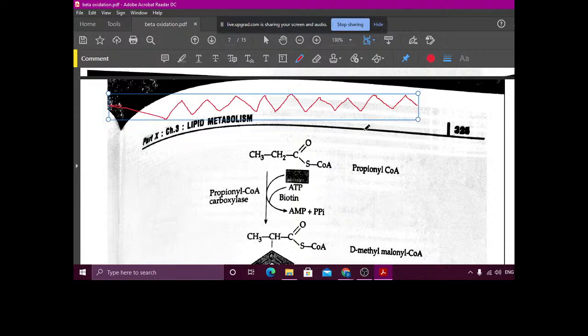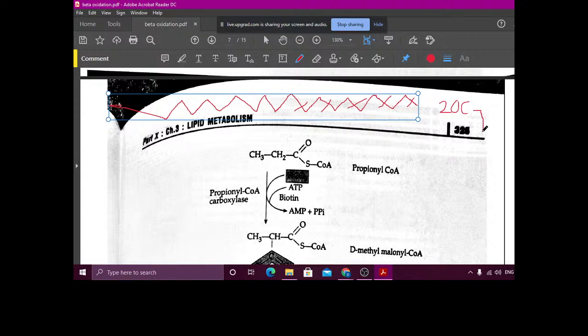You are supposed to have 2 carbons go away each time, 1 and 2 goes away, next 1 and 2, and so on. Whatever it breaks down to, say you have 20 carbons.